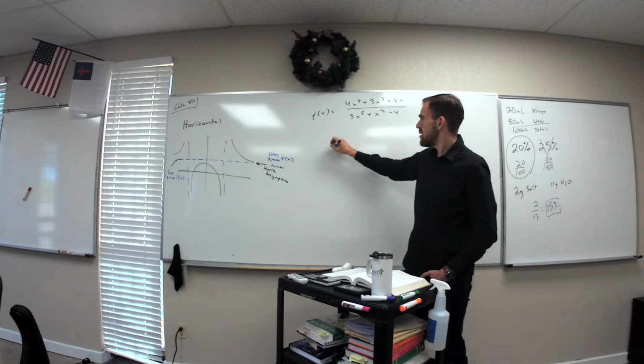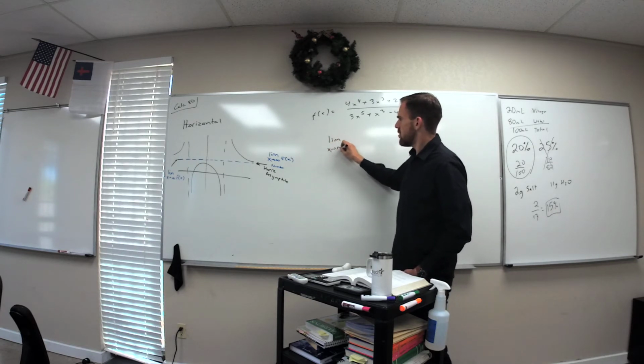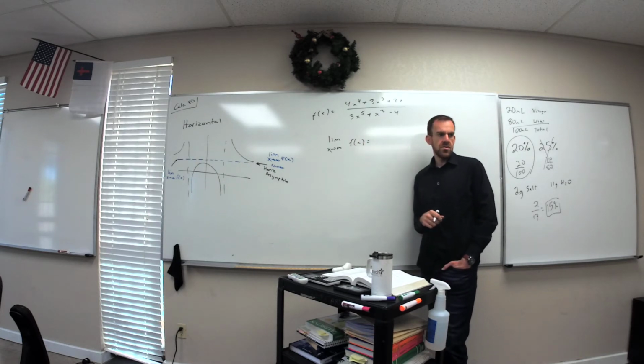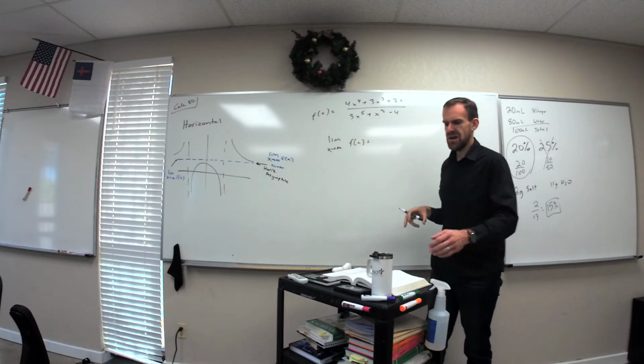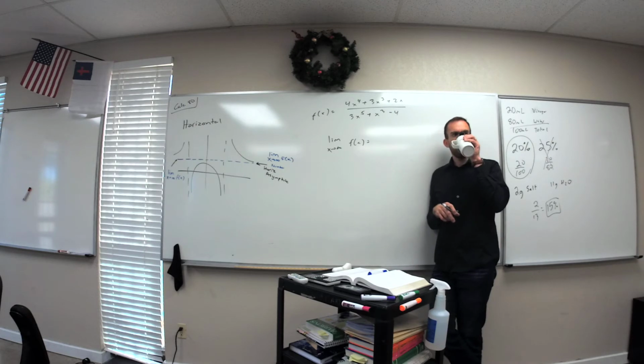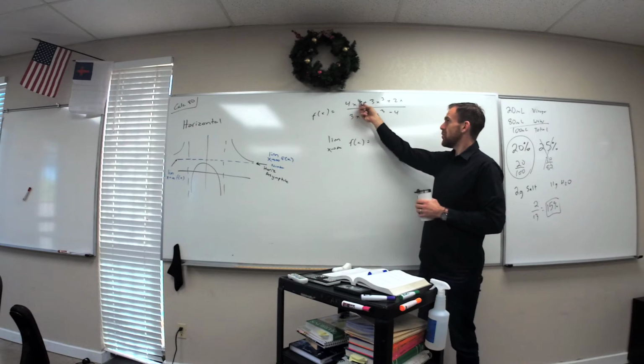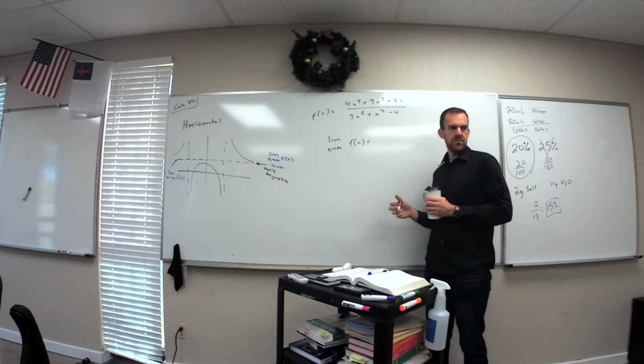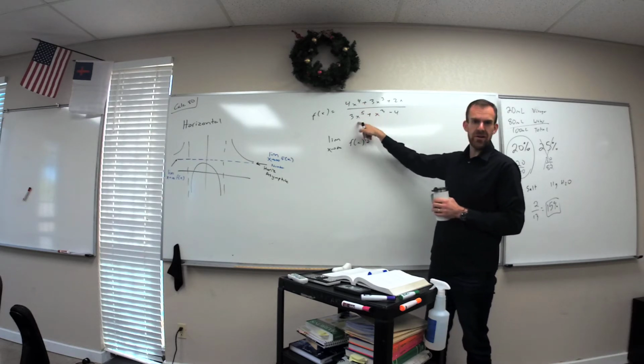Take the limit as x approaches infinity of that, and you get what? When you plug in infinity, you get infinity to the fourth over infinity to the fifth. Which one takes over? Yep, something over a bigger number, which equals 0.